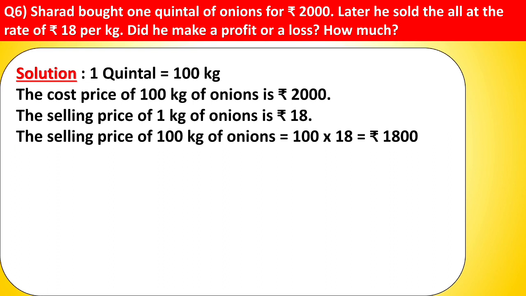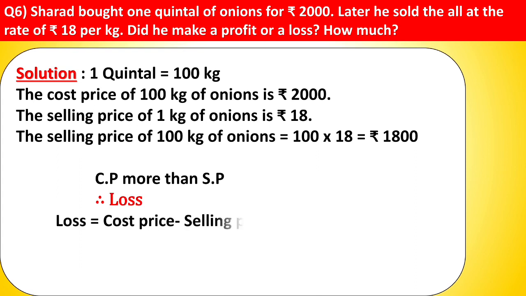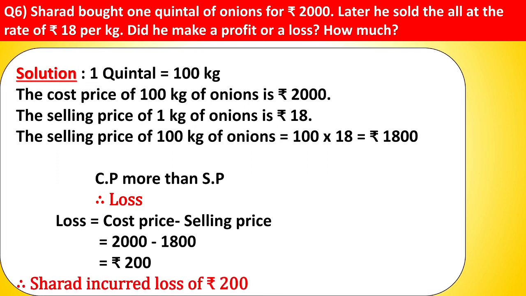Here cost price is more than the selling price. It means CP is more than SP. Again loss. So we will put the formula for loss. Cost price minus selling price. 2000 minus 1800. Here we get 200. It means Sharad incurred a loss of rupees 200. Now question number 7 is omitted.